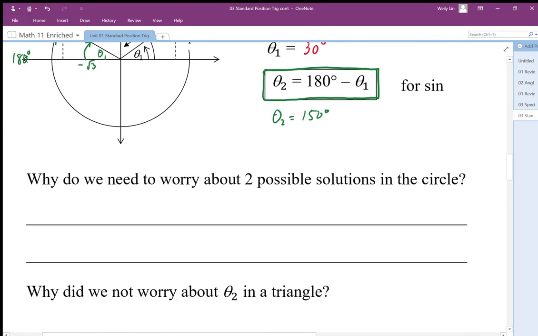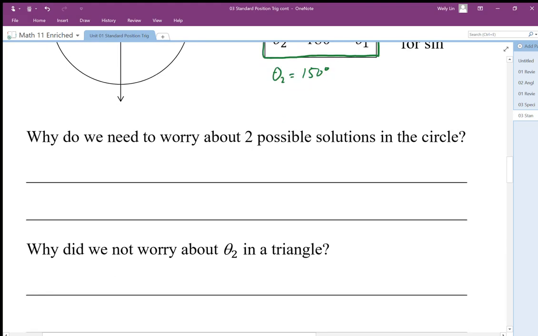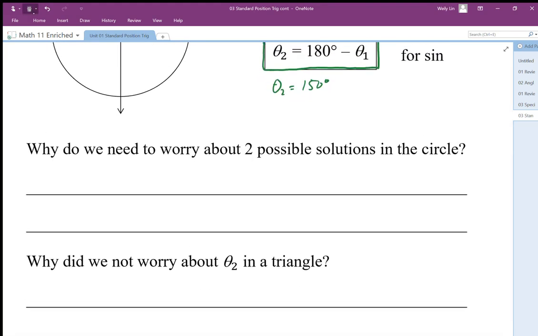Okay, so why do we need to worry about two possible solutions in a circle? It's because the circle has folding symmetry.